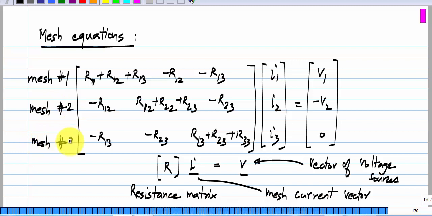The three rows are equations for the three meshes, and you see exactly similar properties to what we had when we had nodal analysis with resistors and independent current sources.